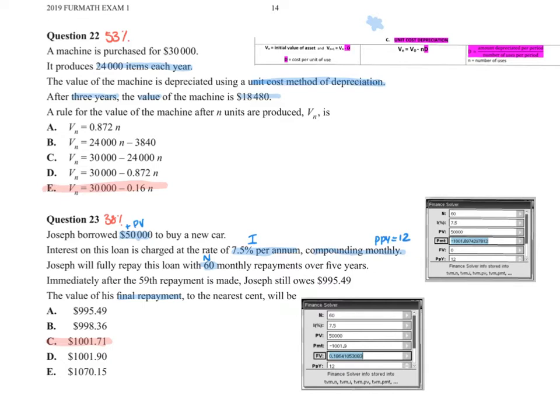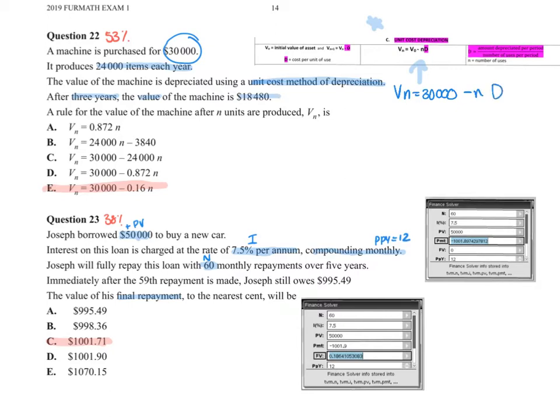After 3 years, the value of the machine is this. A rule for the value of the machine in units produced, VN, is, so here you can see we've got the VN rule there. If I copy that out, VN equals VO. It was purchased for 30,000, so I can pop that in, and it says minus N.